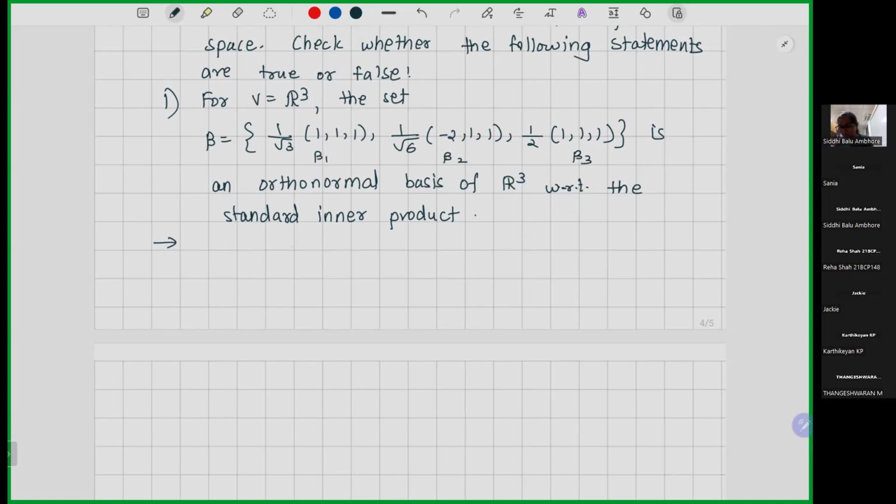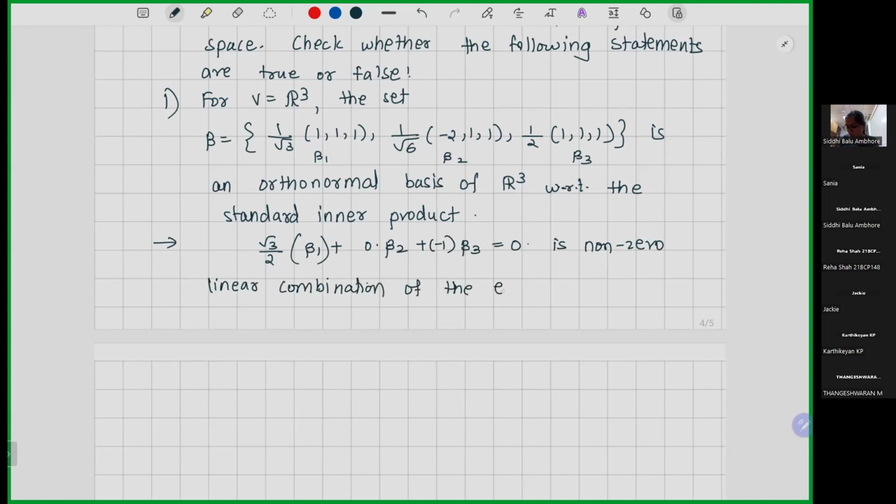Then root 3 by 2 beta 1 plus 0 beta 2 plus beta 3 minus 1 beta 3 is a non-zero linear combination of the elements of beta.